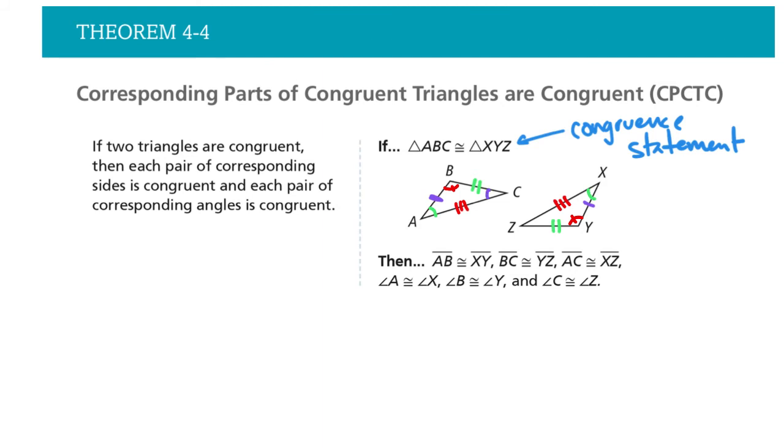And I would be able to say that angle C and angle Z are congruent because they're the third letters listed in the congruent statement. So what CPCTC tells us, or the corresponding parts of congruent triangles are congruent, usually I just say CPCTC, is that once I know that two triangles are congruent, then that would tell me that all of their corresponding parts would have to be congruent.